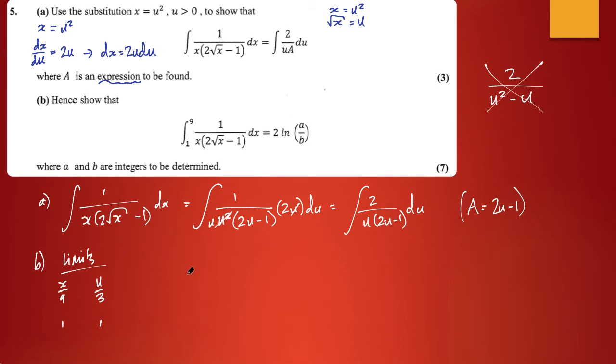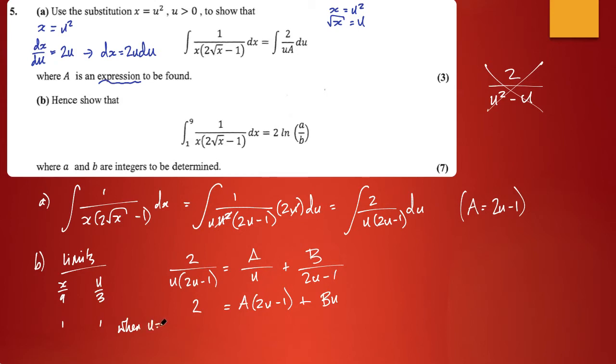So, I know that 2 over u, 2u minus 1, is equal to a over u plus b over 2u minus 1. That means that 2 equals, cross multiplying, a times 2u minus 1 plus b times u. And now I need to eliminate these, so when u equals 0, that's going to get rid of b.